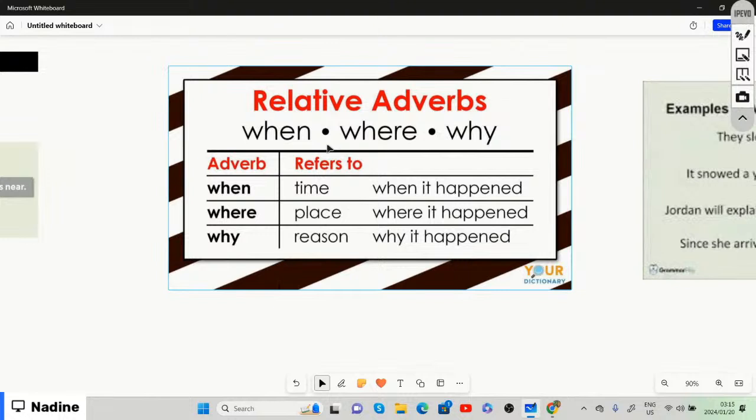And we said relative adverbs either tell us when, where, or why, right? So when refers to time and it tells us when it happened. Then where refers to a place and it tells us where it happened.